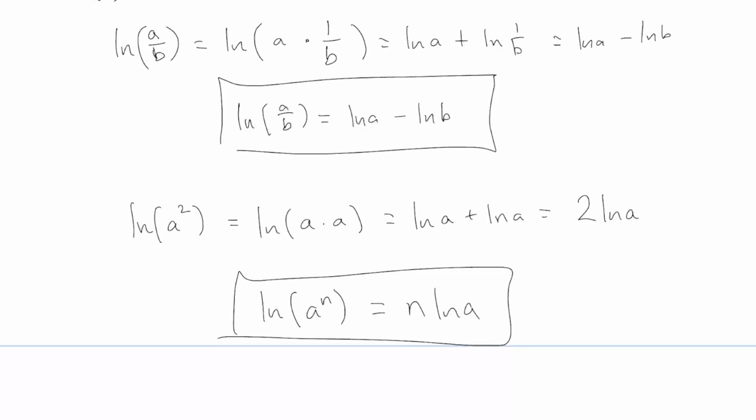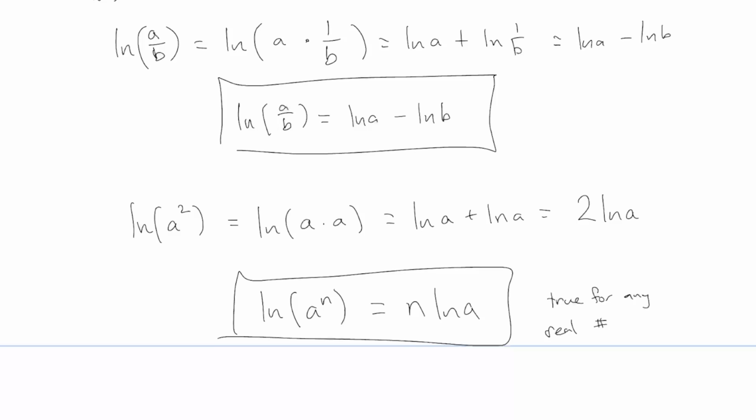And this is actually true even if the n is not a whole number, although I don't want to get into the details of that, but this is true for any real number n.